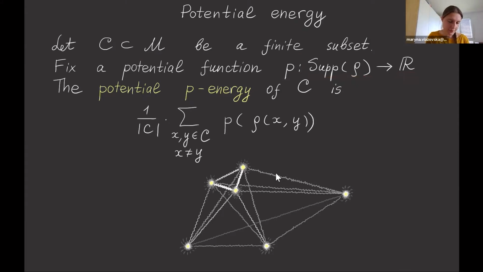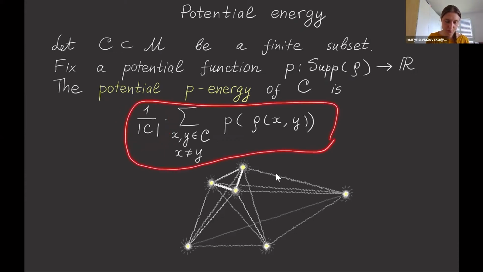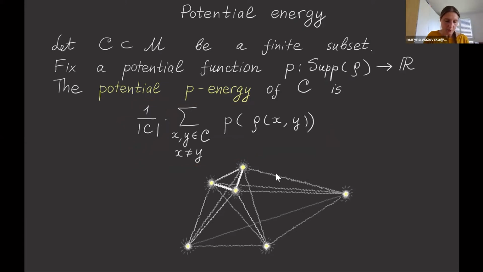Then the potential energy of this finite set C is the sum of all pairwise interactions between two points, where the strength of the interaction depends only on the distance between them. It will also be convenient to normalize this energy by dividing by the total number of points in set C, so it becomes an average energy per point.